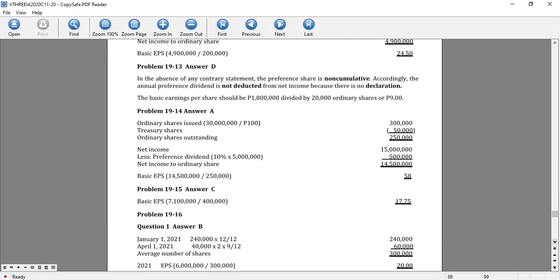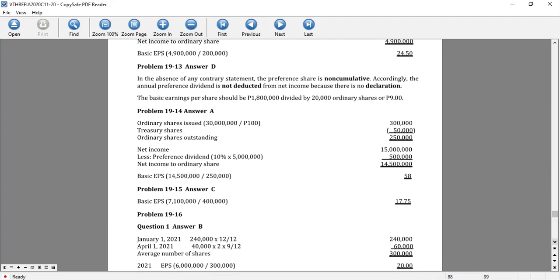That makes it 240,000 by January 1, 2021, and we multiply it by 12 over 12, meaning January 1 to December 31. On April 1, 2021, 40,000 shares of treasury were sold.